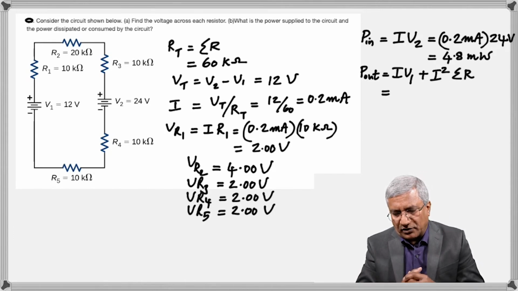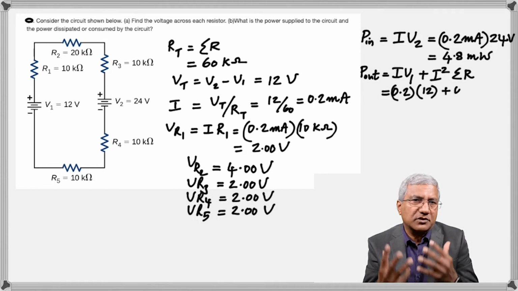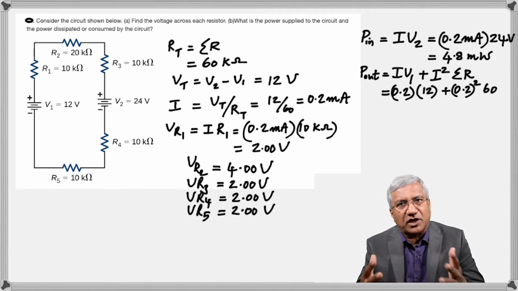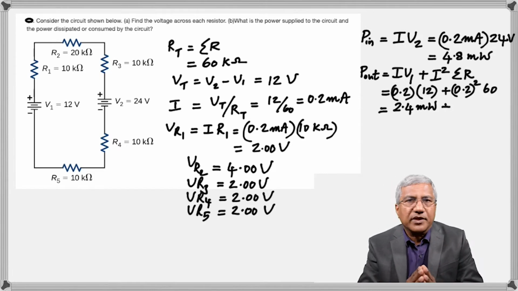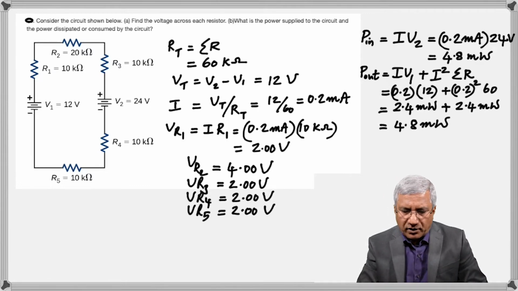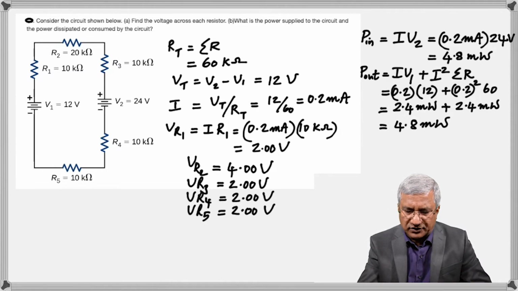And then the power out is I V1, because the 12-volt battery is also consuming. So to calculate the power out, we're using the power across that battery plus I squared times the total resistance. So when you do that, you get 4.8 milliwatts. Oh, so the power in is equal to the power out in this case.